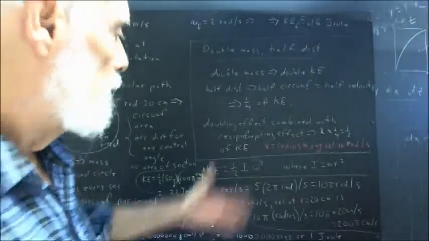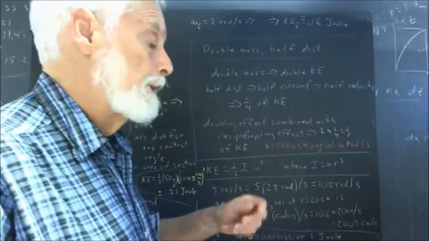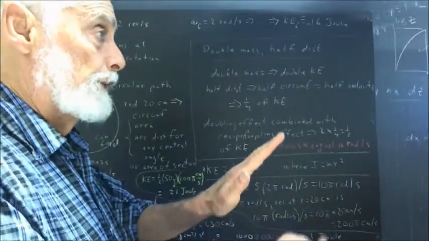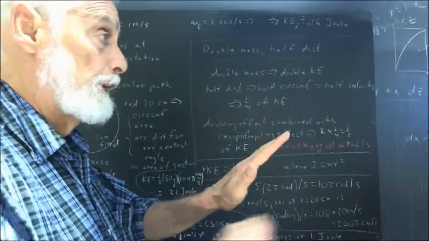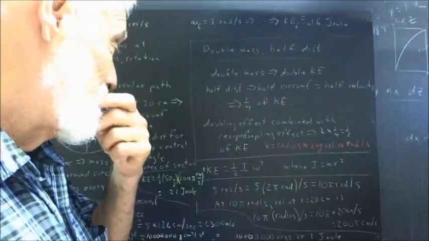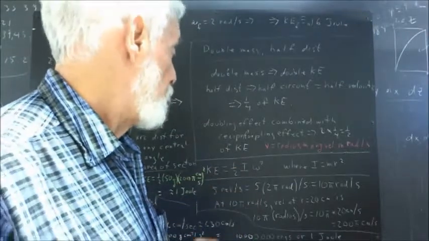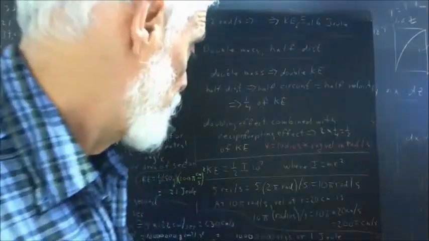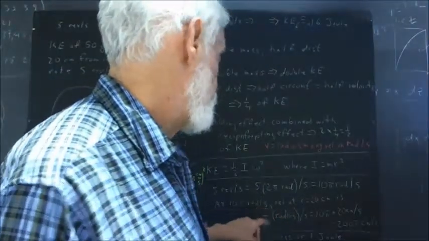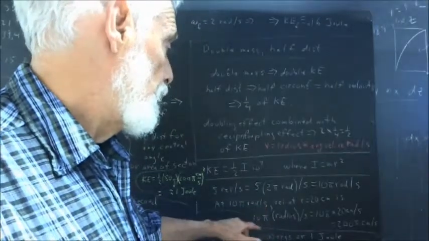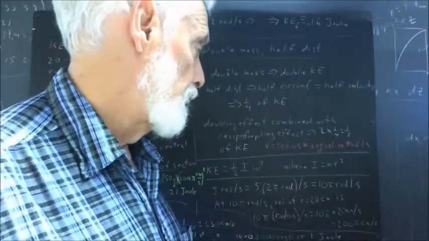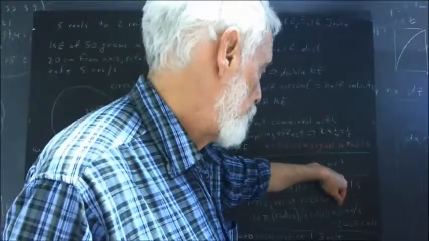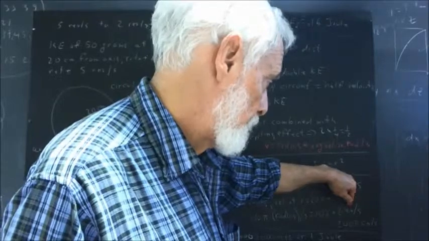Well, remember that a radian is the angle so that the arc distance on that angle is equal to the radius. So 10 pi radians would correspond to a distance of 10 pi times the 20 centimeters. So 10 pi radians per second means on the arc, that's 10 pi times the radius per second, which is 10 pi times 20 centimeters per second, or 200 pi centimeters per second.